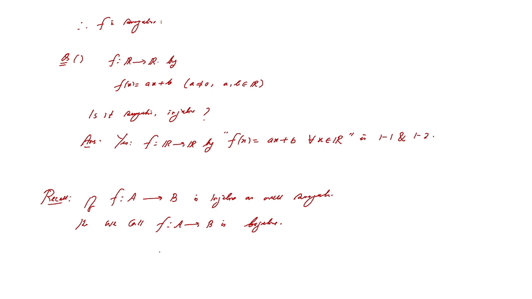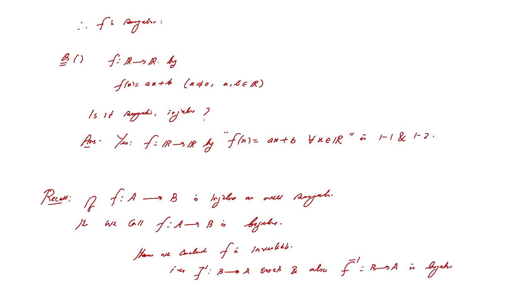If it is bijective, then we conclude f is invertible. If a function is invertible, that means f inverse: B to A exists, and also f inverse: B to A is also bijective. So the inverse of a bijective map is also bijective.